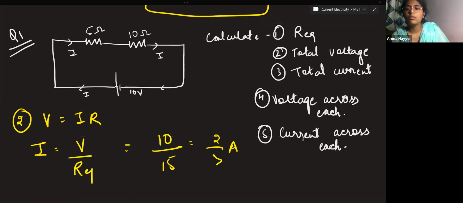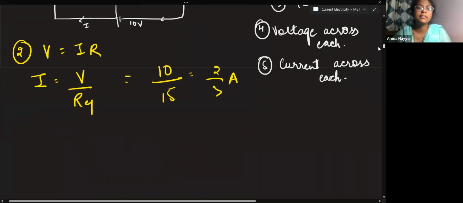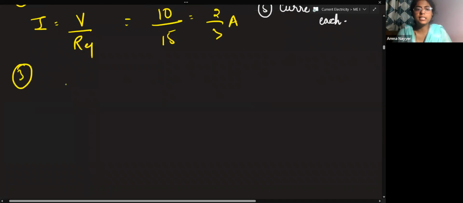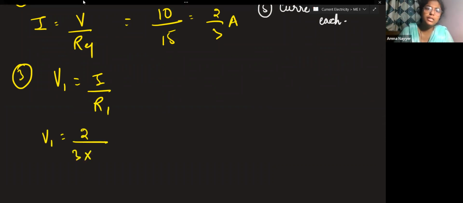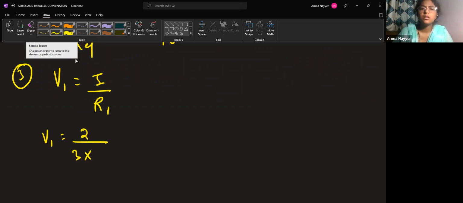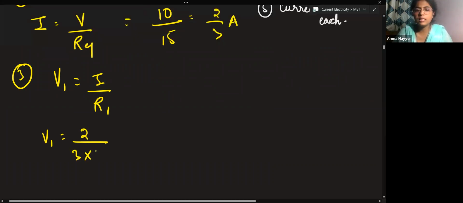Correct. Voltage across each, we have to calculate it. For the voltage, I have told you that it is I divided by R1. So V1 becomes what? I is 2 by 3 into R. Let's write it in terms of 10 or 15. The first one is 5. So this is 2 by 15 volts.